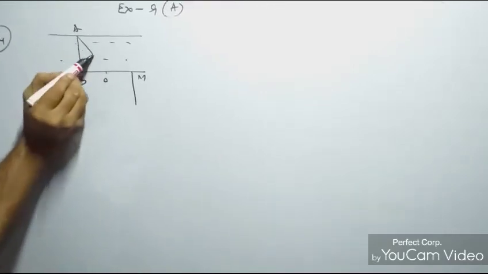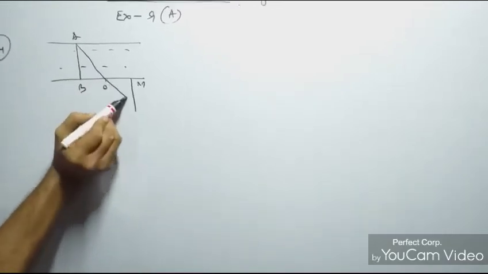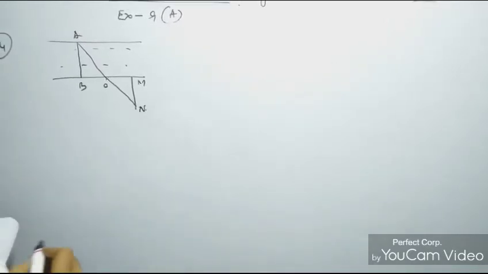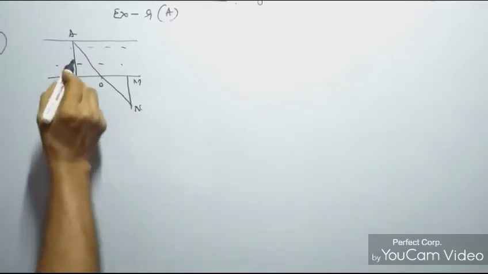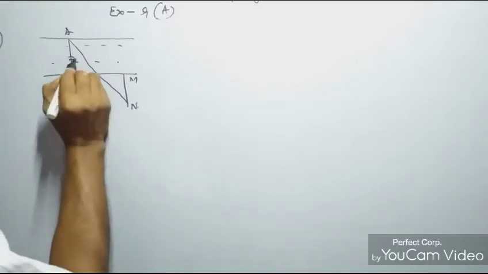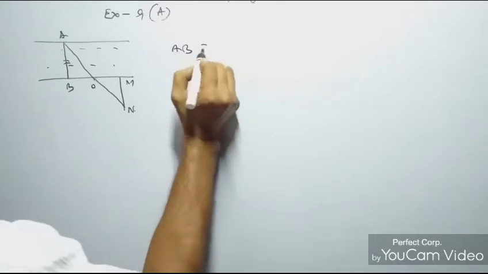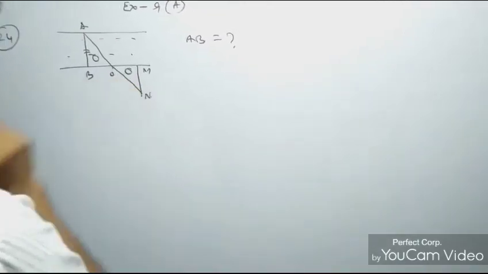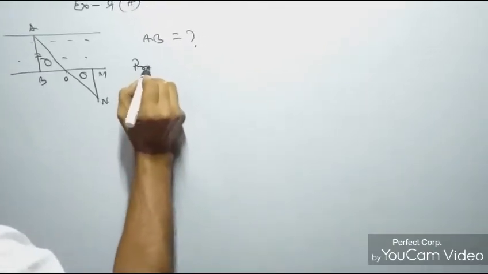Join AO and produce it, and it meets at point N. So this is now the figure. We need to find AB. Now we are going to prove this triangle and this triangle congruent.